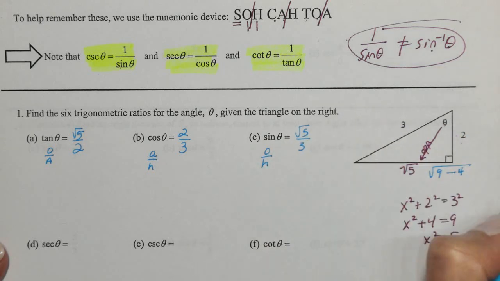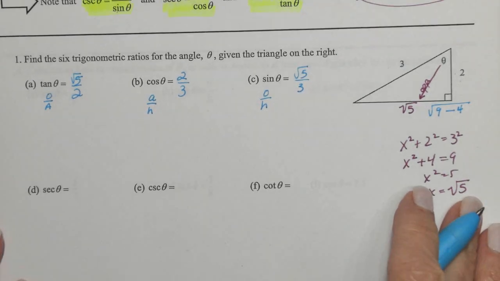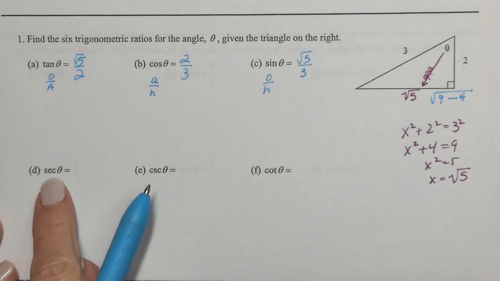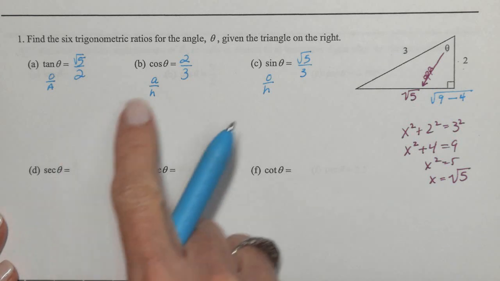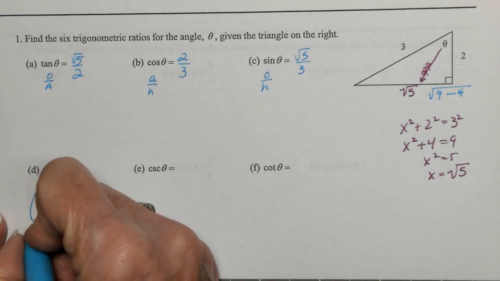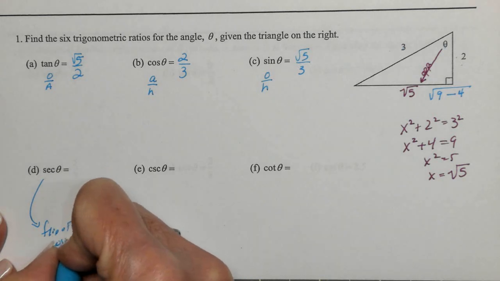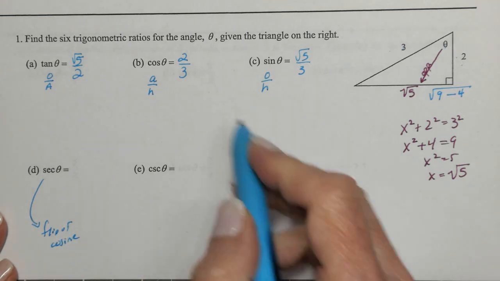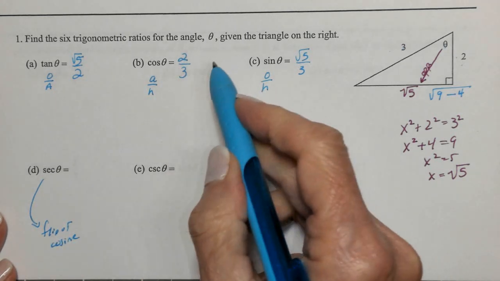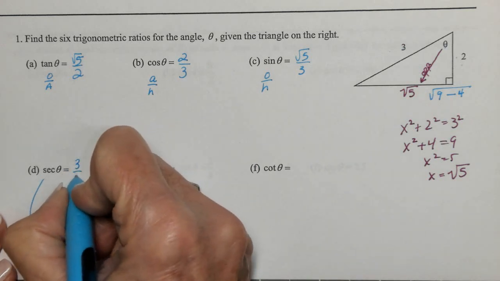Hypotenuse is 3. Okay. Secant. Secant is the flip of cosine. So we take 2/3, flip it. 3 over 2.